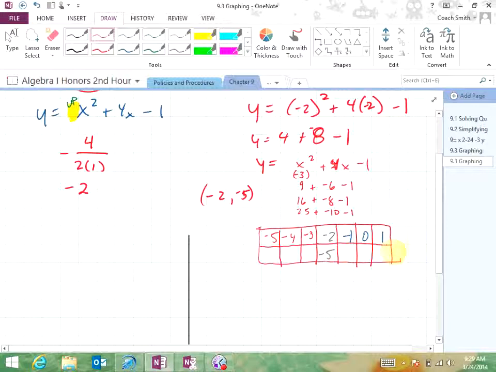So we're going to have to redo those. Let's see, it's going to be 3, negative 12. 4 times that would be negative 12. Negative 13, so that's going to be negative 4. Boom. Negative 4, for the negative 3.